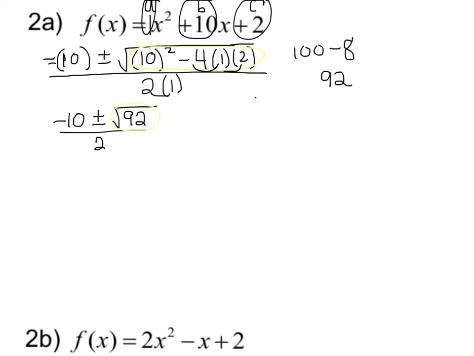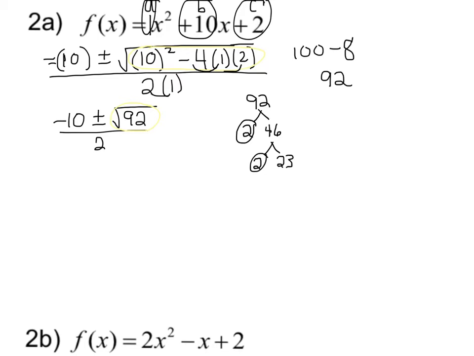Can we factor tree 92? Well, since it's even, I know we can divide it by 2. So 2 times 46 equals 92. And 2 also goes into 46, 2 times 23.